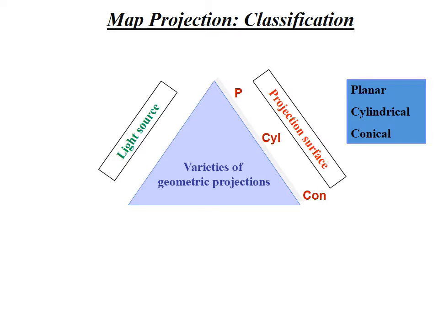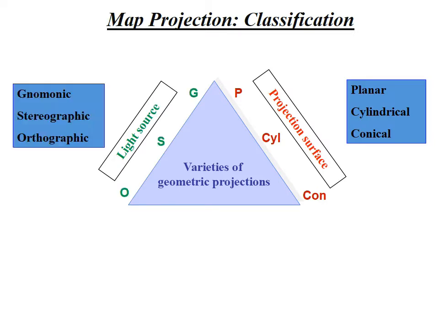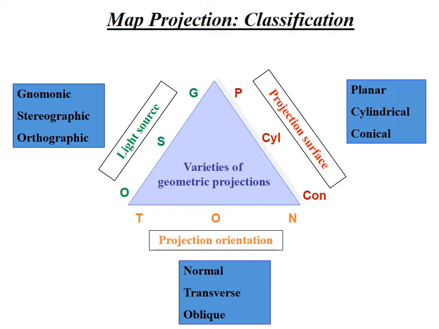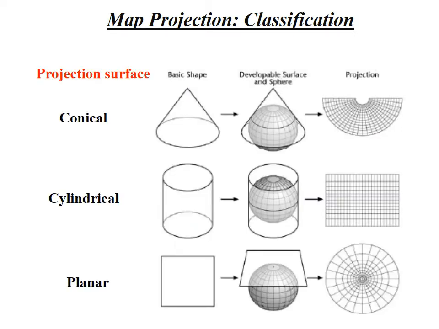And based on the light source, it can be classified as gnomonic, stereographic, orthographic, and based on the projection orientation, it can be classified as normal, transverse, and oblique.